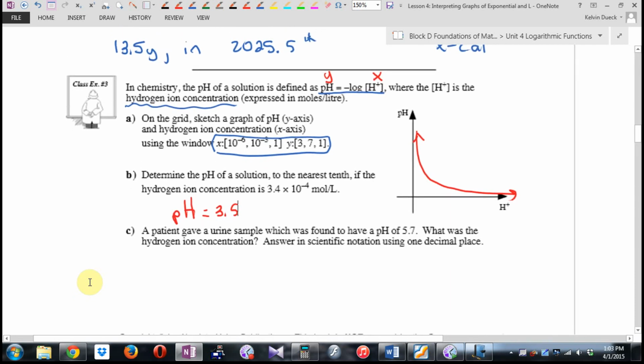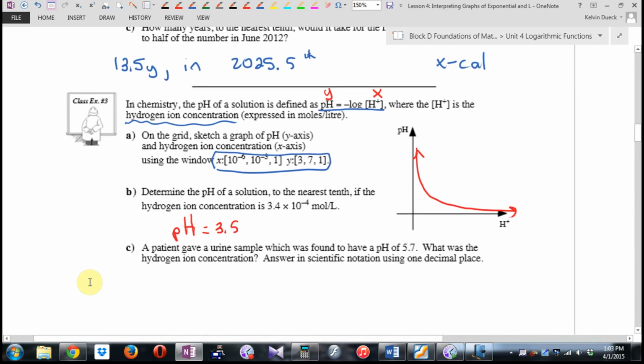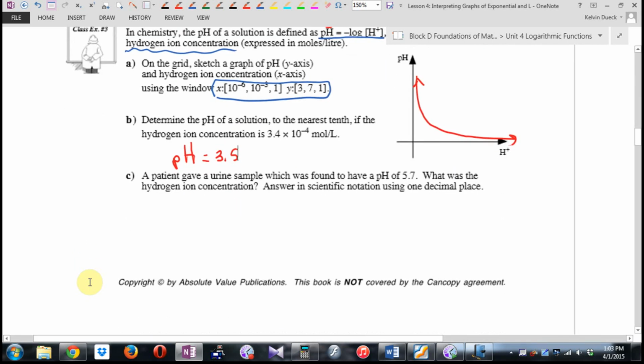Hey, Rachel, we just found a y value. I'll bet you for part C, they're going to ask us to find an x value. Let's see. Oh, this here is a pH. They've given me a y value. What do they want me to find? An x value. They want me to do an x cal. Good, do an x cal and tell me what x value, what hydrogen ion concentration would result in a pH of 5.7.